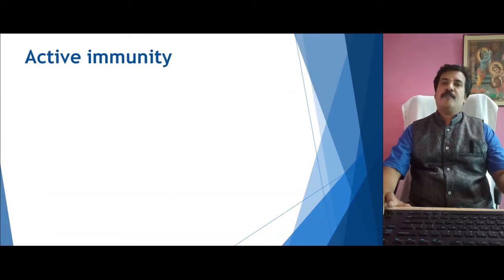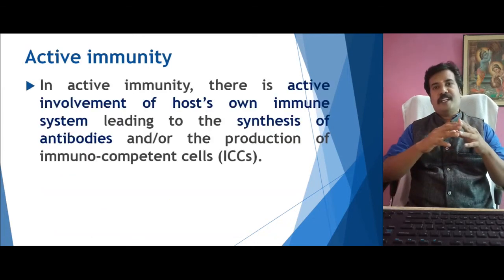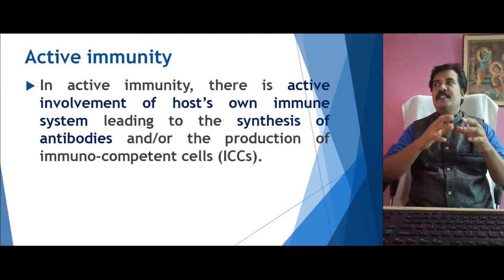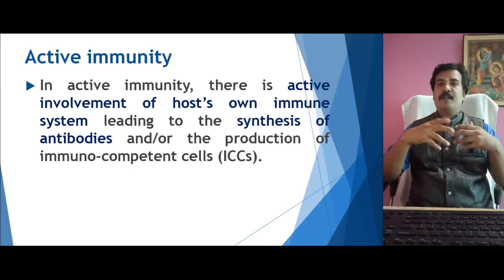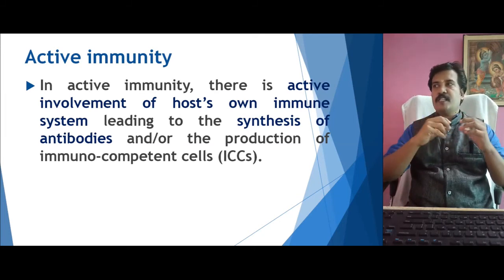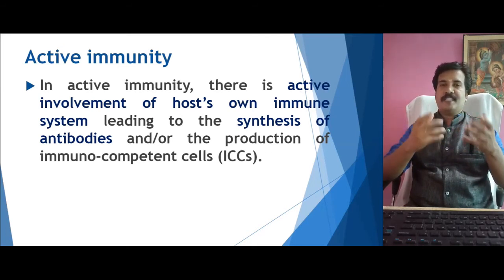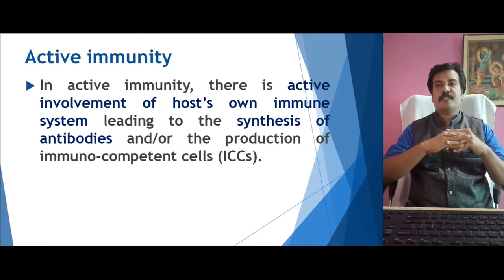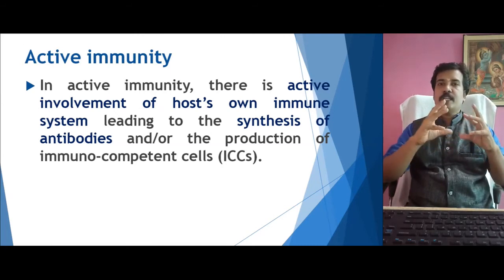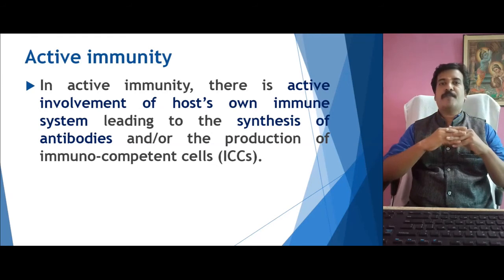So if you see what is meant by an active immunity, active immunity is nothing but an active involvement of our body. That means once our body encounters a foreign substance, it can synthesize the antibodies. Then it can also synthesize the immunocompetent cells like B lymphocyte, T lymphocyte, or natural killer cell. So it can eliminate the foreign substance by itself.